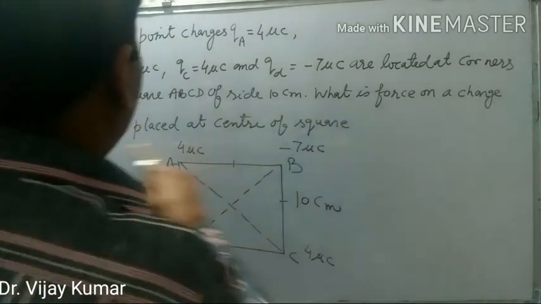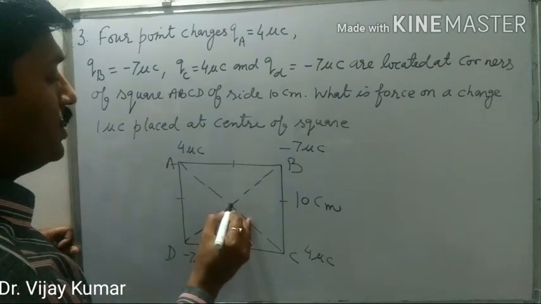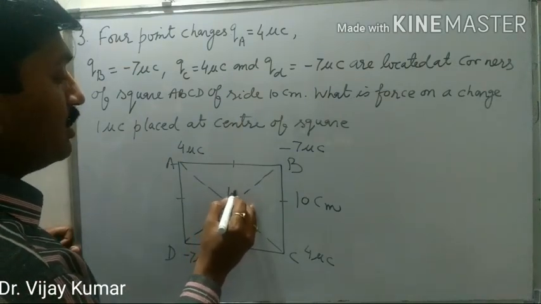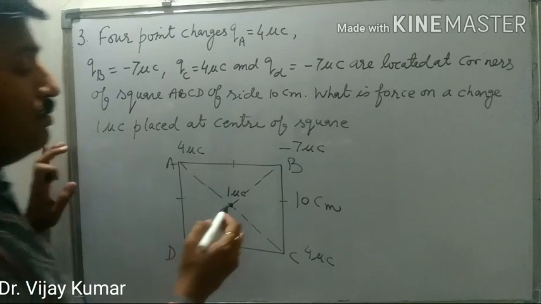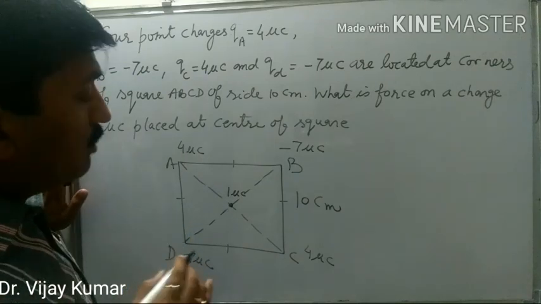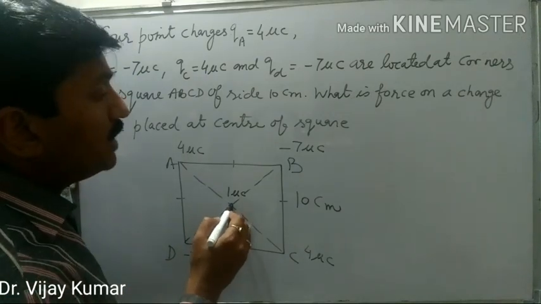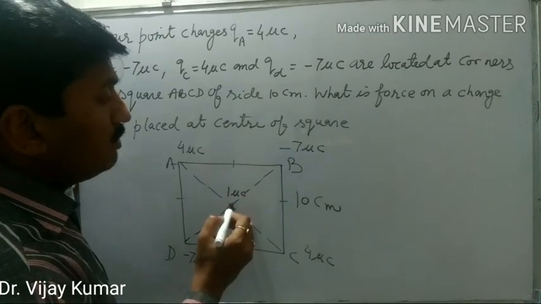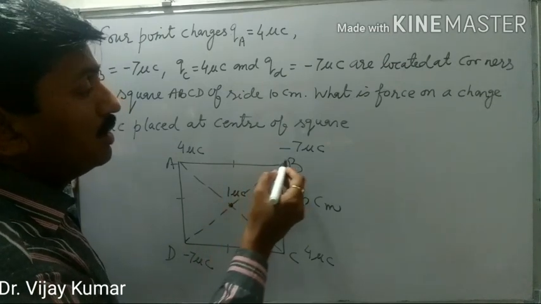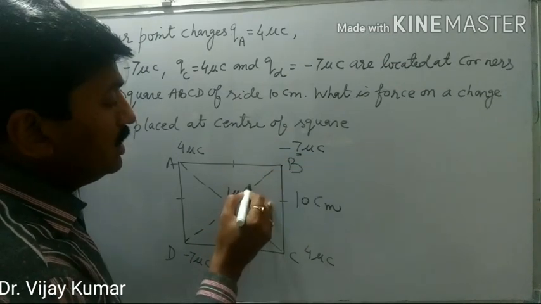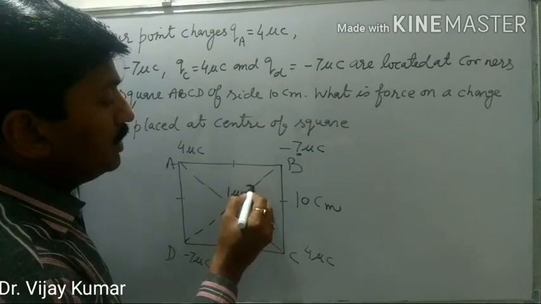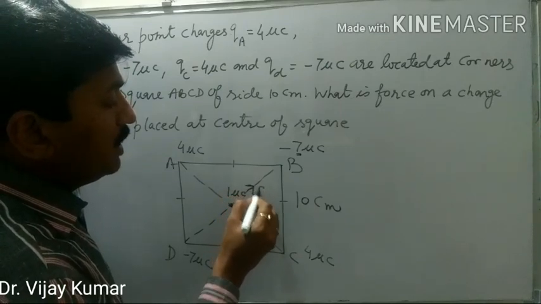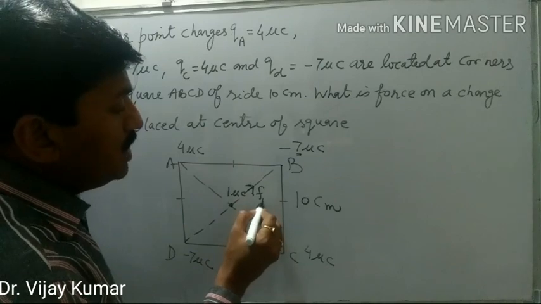What is the force on a charge of 1 microcoulomb placed at the center? Here is a charge of 1 microcoulomb. This is a positive charge and this is a negative charge, so the force due to this charge should be attractive, in this direction. We can consider it FB.